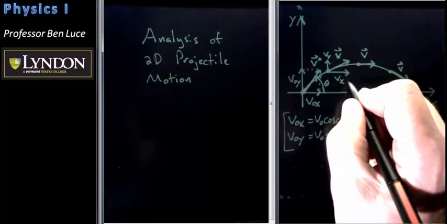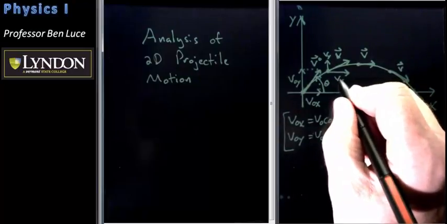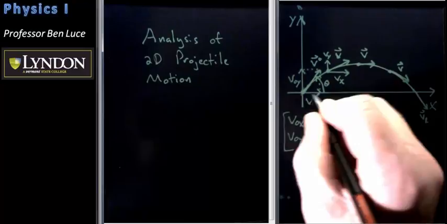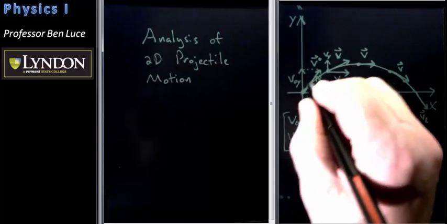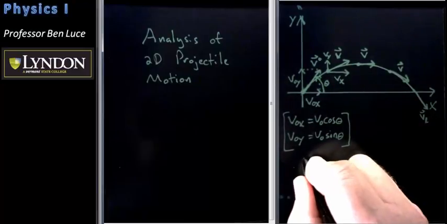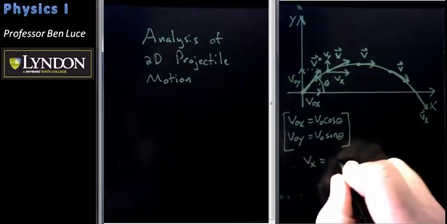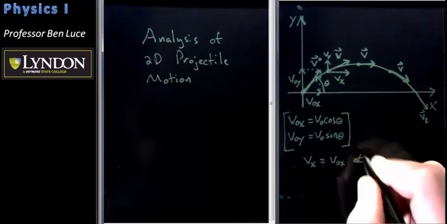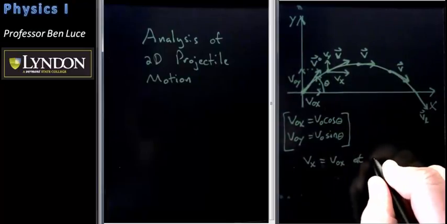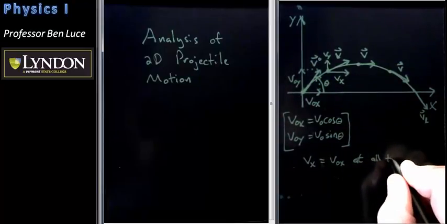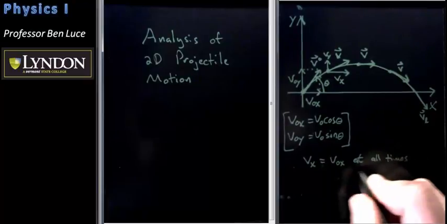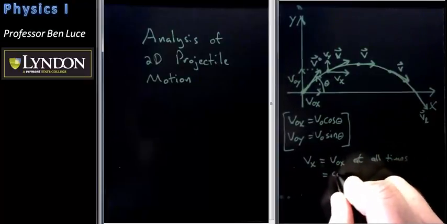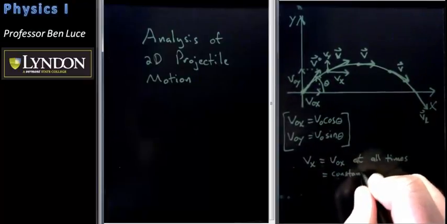Okay, now, a very important fact is that vx here will still equal v0x. And in fact, that holds everywhere, all the way across the trajectory. So we can say that vx equals v0x at all times, and that it's constant, therefore.